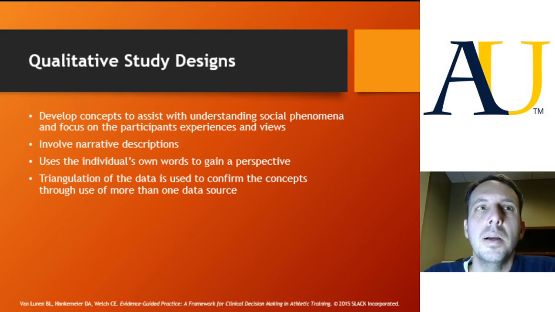And basically what triangulation means is trying to find the same information from multiple sources. This can either be from multiple individuals saying the same thing, or by categorizing and testing individuals in a multitude of ways to see if their answers coincide.